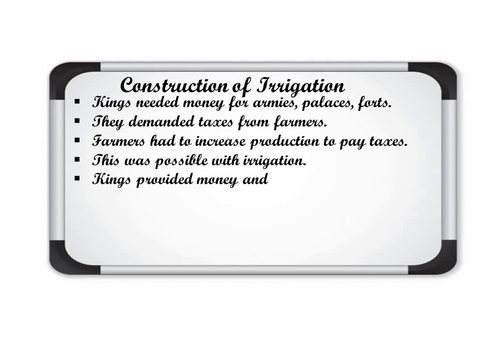Kings provided money and plans for irrigation. For the irrigation work, whether it was canal, tank, or well, for building all these things, the people required money and they required a plan also. So kings were providing money and plans for irrigation work, and that money and plan were used by the farmers.